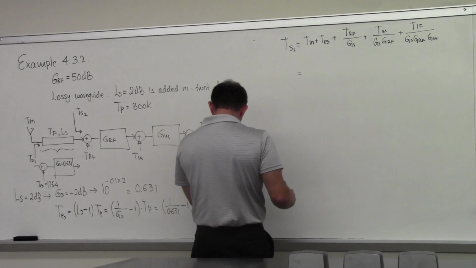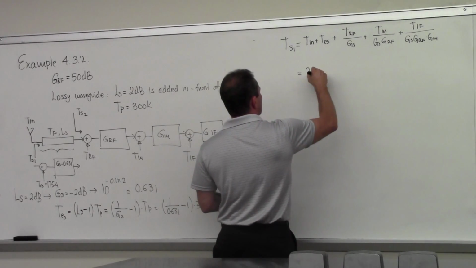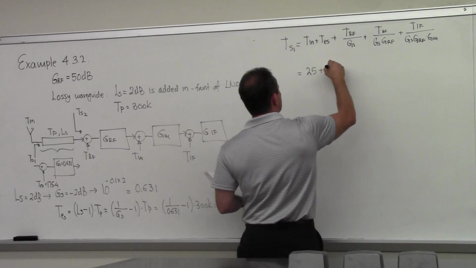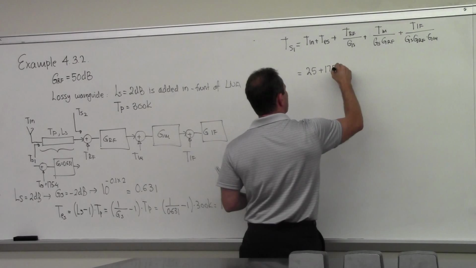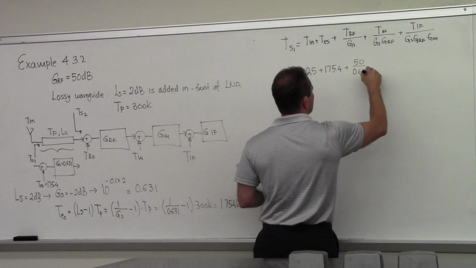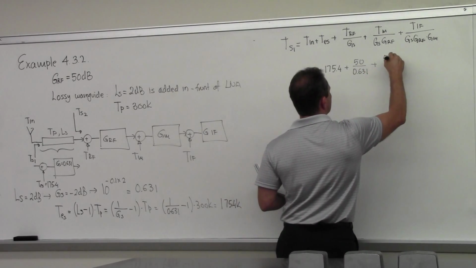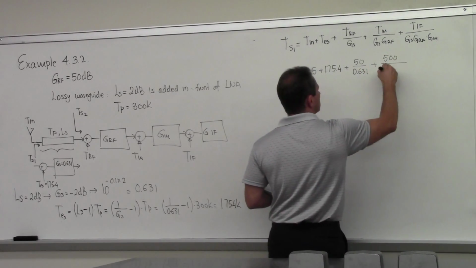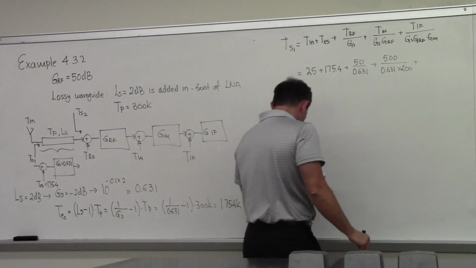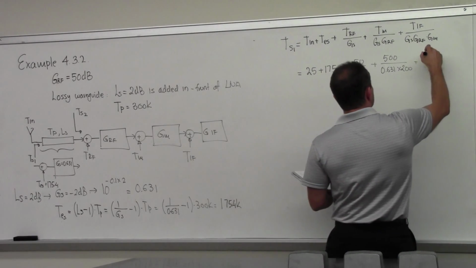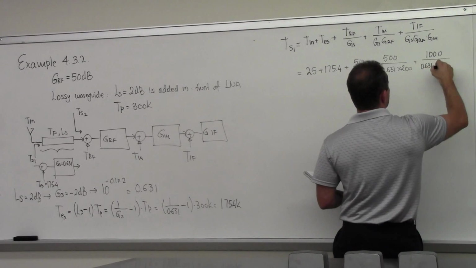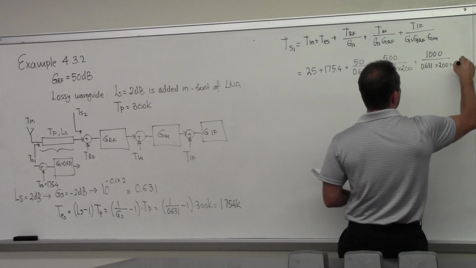In this case, when you substitute it, this becomes 25 plus 175.4 plus 50 over 0.631, plus 500 divided by 0.631 times 200, and then plus 1,000 divided by 0.631 times 200 times 0.1.